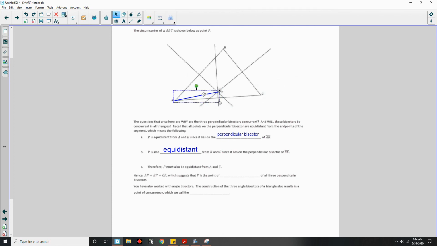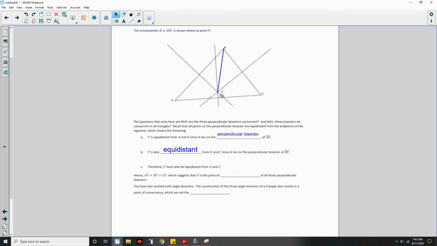get rid of my ruler, rotate this and move it, then it will show that from B to P is the same distance. Let me rotate it a little more, right about there.